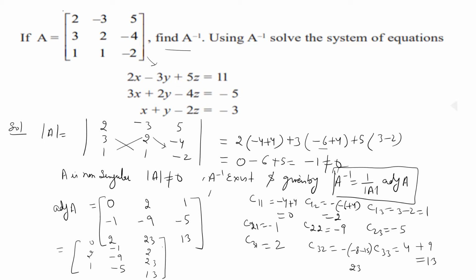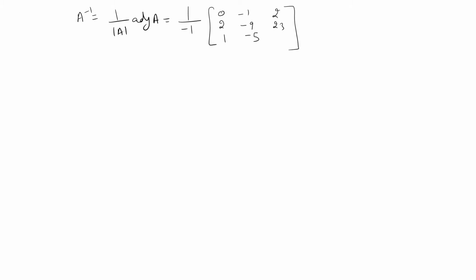Okay, so now A inverse is equal to 1 upon determinant A into adjoint of A. So determinant A was minus 1, so it is 1 upon minus 1, and adjoint A that we calculated recently, 0, 2, 1, minus 1, minus 9, minus 5, it is 2, 23 and 13, right? So adjust the negative sign.